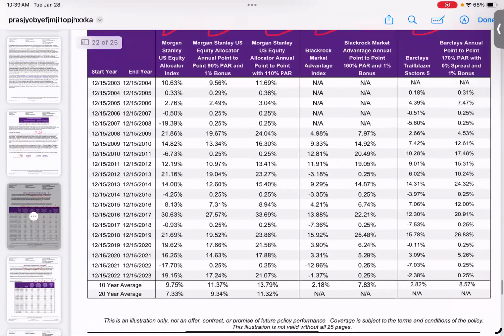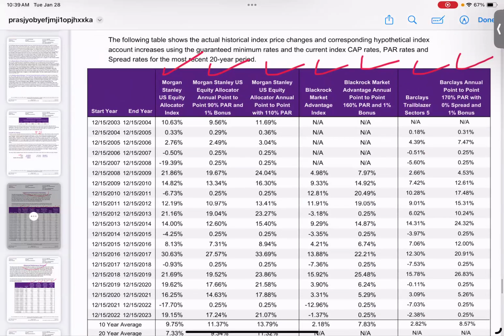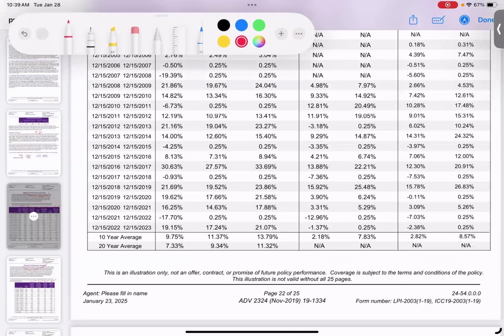So what I tell the client, Solis, is that this is the Morgan Stanley and the BlackRock series up here. If I had your money in these indexes over a 10-year average from December, right? Because I think the stats for 2024 will be out in a few months.